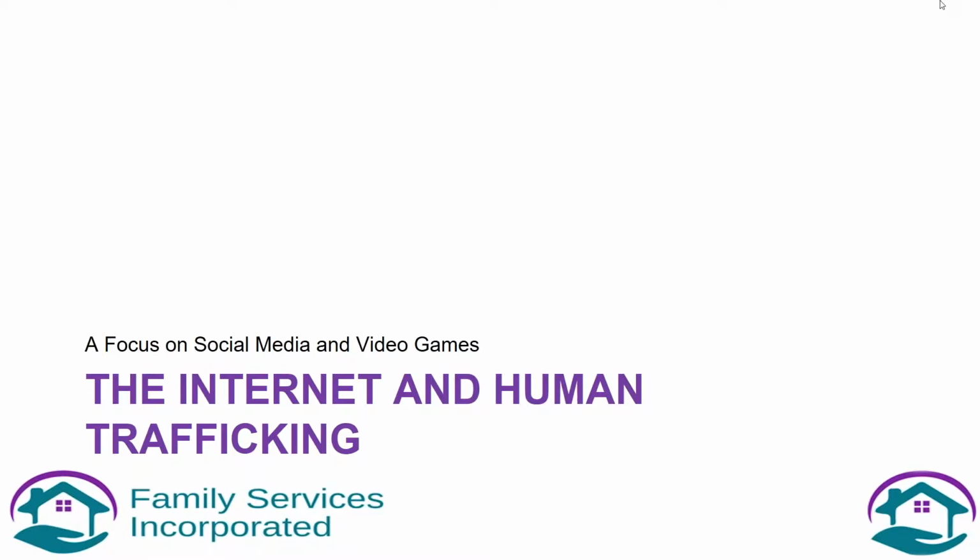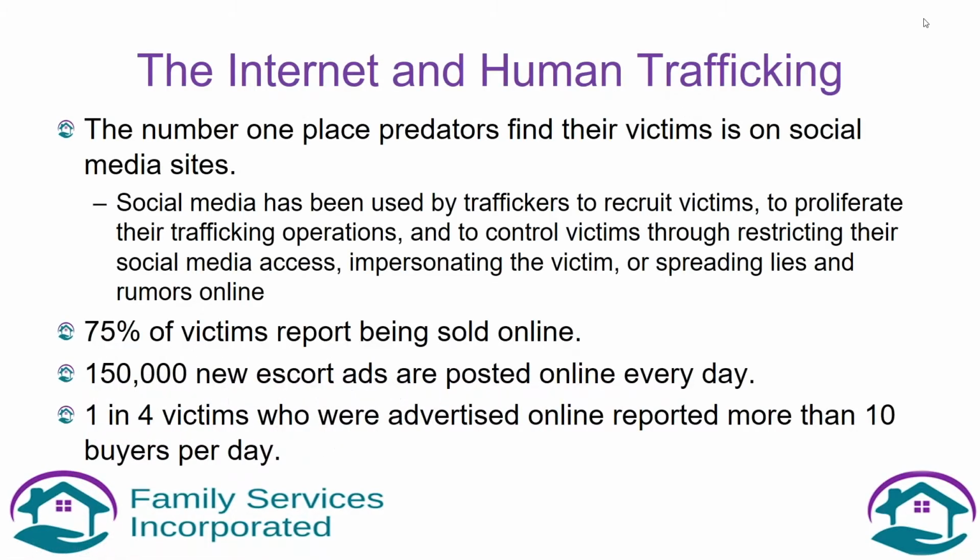So previously, we talked a little bit about the internet and human trafficking. And when we talked about that, we talked about the fact that social media is the number one place for predators to find their victims. We also said that 75% of victims report being sold online. There are 150,000 new escort ads posted online every day, and 1 in 4 victims who were advertised online reported more than 10 buyers per day.